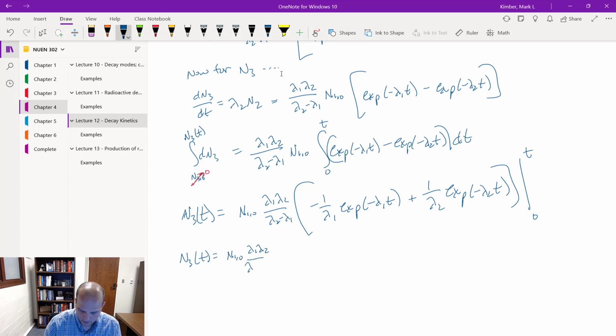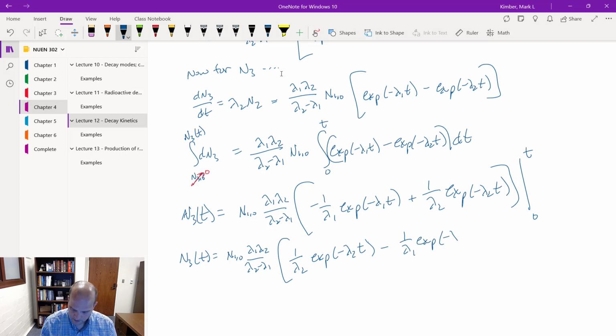And we're going to reverse the order here, so I've got 1 over lambda 2 times exponential negative lambda 2 times t minus 1 over lambda 1 exponential negative lambda 1t. That's me evaluating it at the upper bound. And now I've got to subtract the one from the lower bound, which ends up being exponential of 0, a positive one.